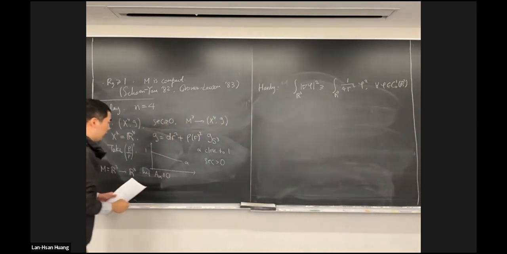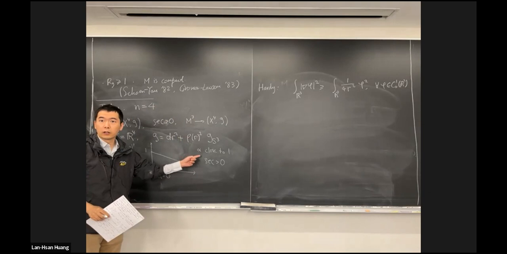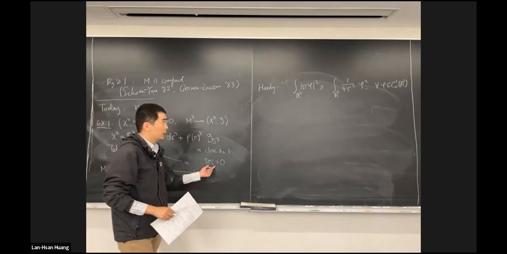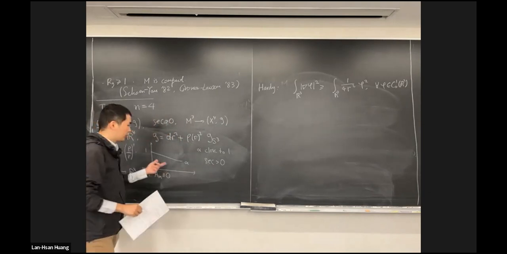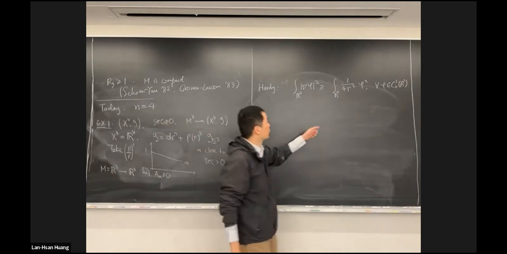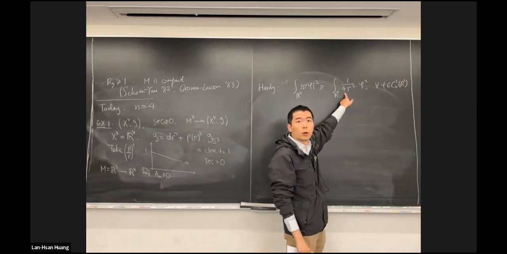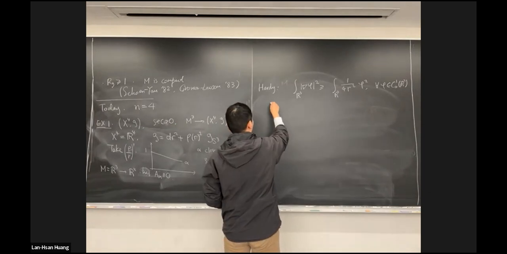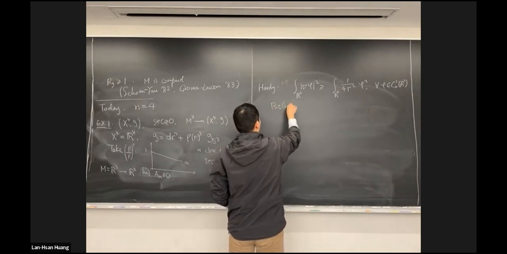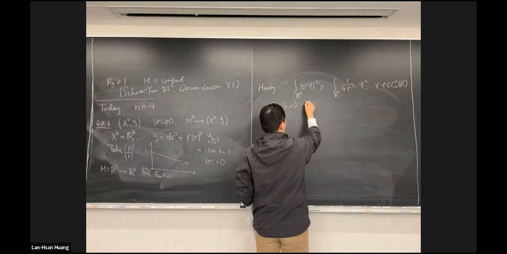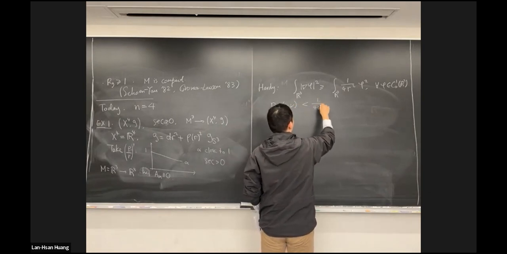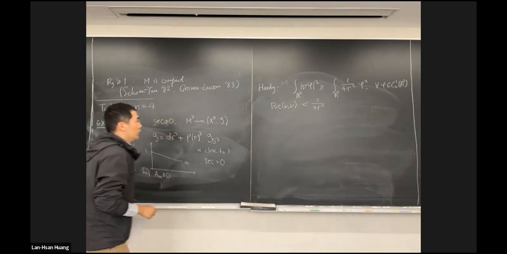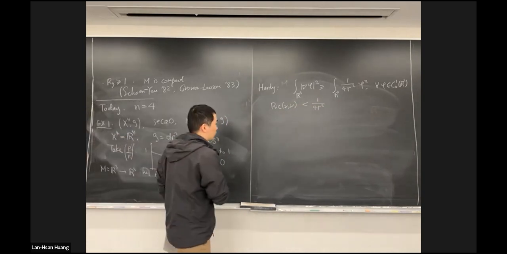Okay, so as long as we can take alpha sufficiently close to 1, you can verify that the sectional curvature decays quadratically, but you can make the decay slower than 1/4. So this Ricci is going to be less than or equal to 1 over 4r^2 always.